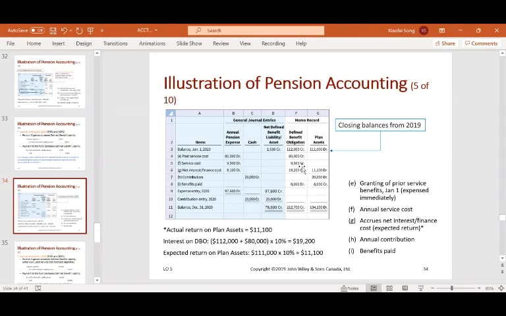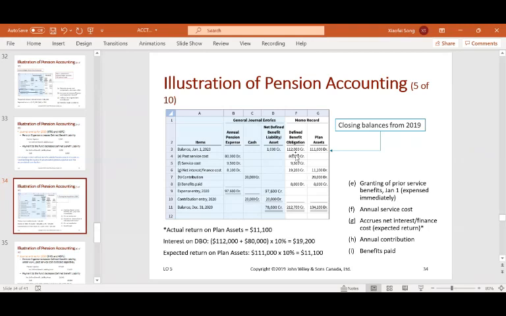Net interest, okay, so net interest is calculated. You can calculate in two ways. You can either calculate net benefit obligation, that's DBO minus PA, and times 10%. Or you can calculate interest on defined benefit obligation and expected return on plan asset.